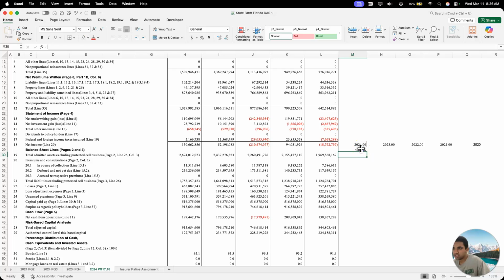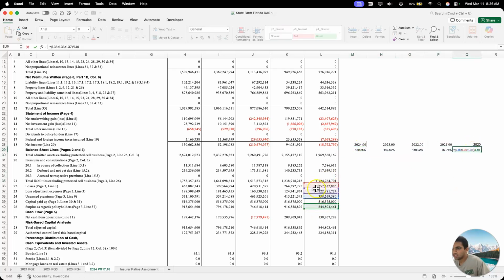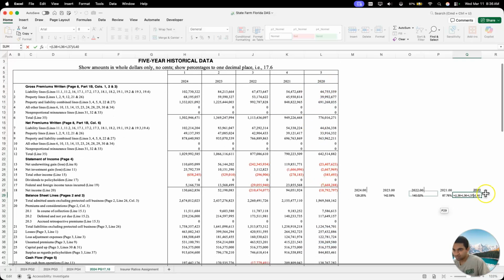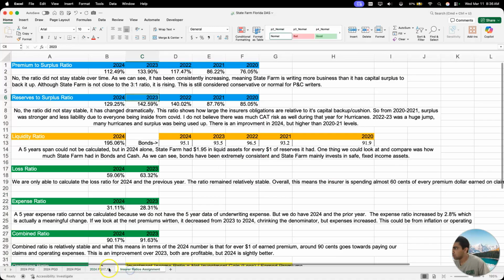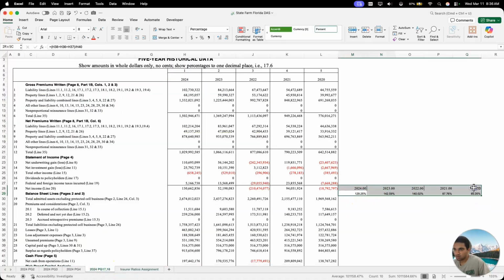Boom, there's your percentage, and you can drag that out. How do you check? You see, it takes the numbers from 2020 and puts them in the 2020 category. And let me check right here. Yep, that's correct. So why don't we move on to the liquidity ratio?